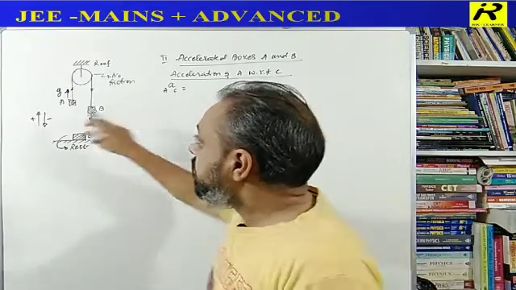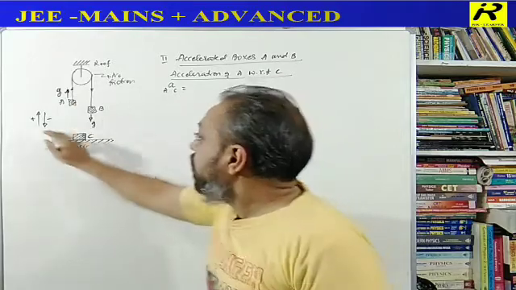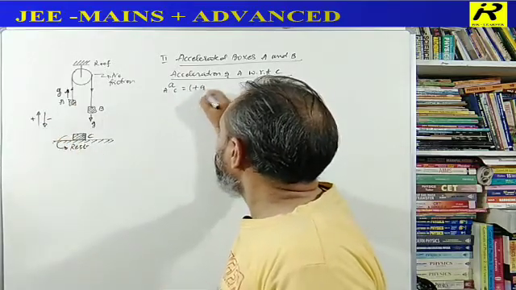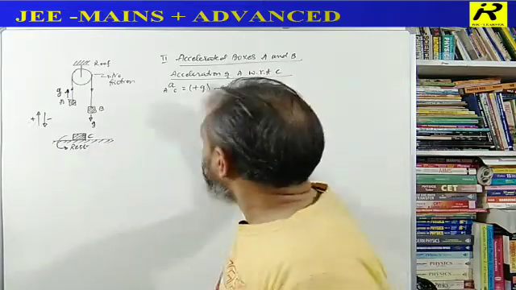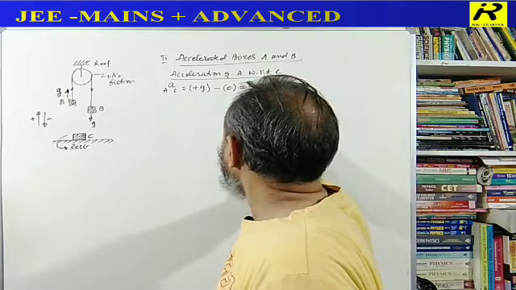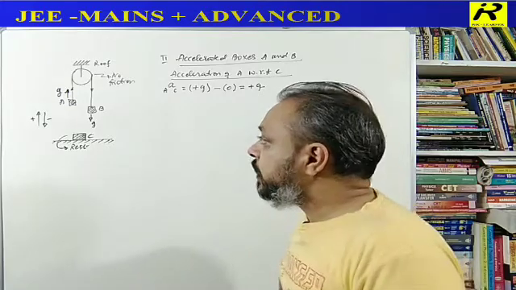The acceleration of A, as we are seeing, is upward, that is g, and all upward are taken positive, so it is plus g, minus C is at rest, so it should be written 0. This will be plus g. This is how we get the acceleration of the box A with respect to C.